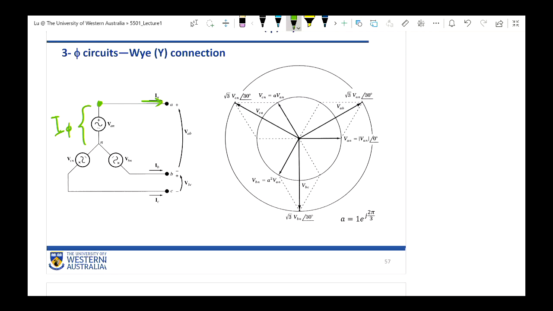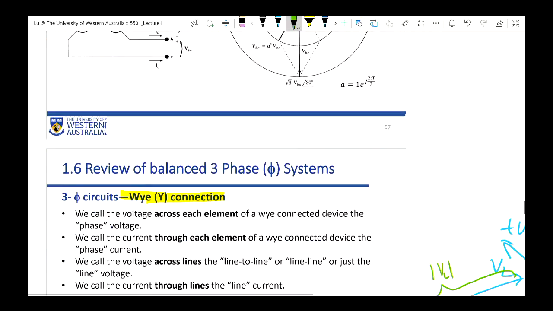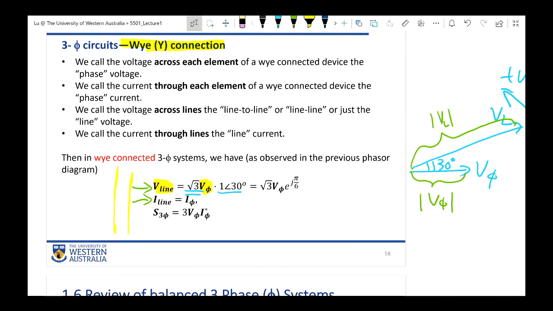If you apply KCL, Kirchhoff's current law, the summation in equals the summation out. So the input current to this node must be equal to the output current from this node. That means the phase current and the line current must be the same. Okay? So this should be pretty simple. Now we go back here. I think this formula is simple.